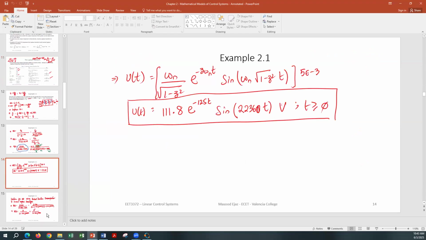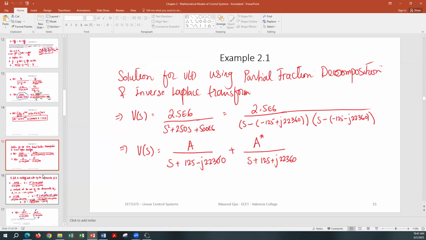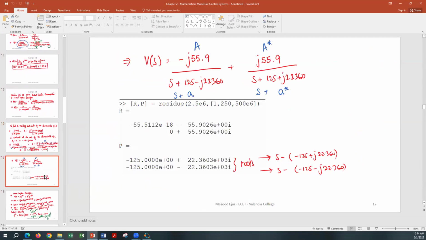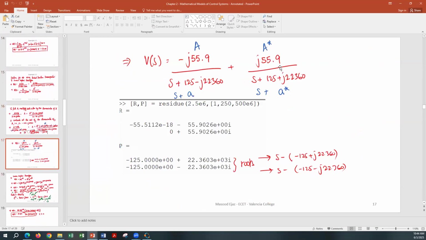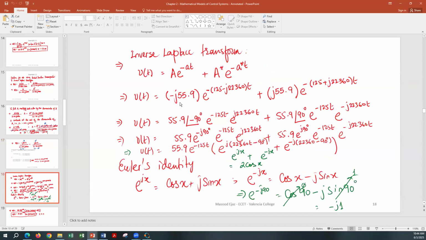Let's see. What did you say? You're saying if you take this first? So this is the expansion right here. If you follow the expansion, this is plus 90 right over here, that raised to e to the power j90 using Euler's identity.